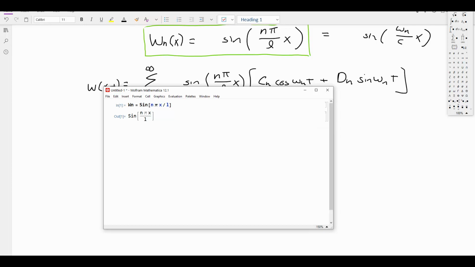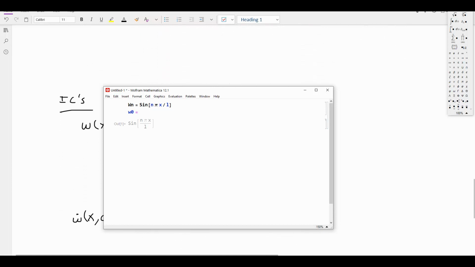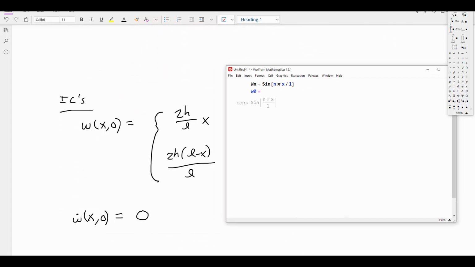And now we need to define that W0, and this is that piecewise function. Get down to it here. We have it defined here, so I can use piecewise. So escape PW escape lets us do a piecewise function. And if I press control comma, I can put in the definitions here.